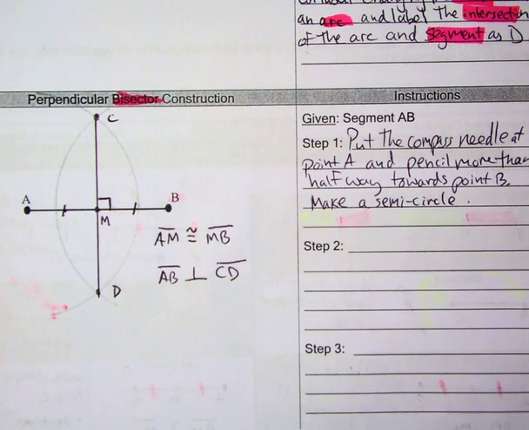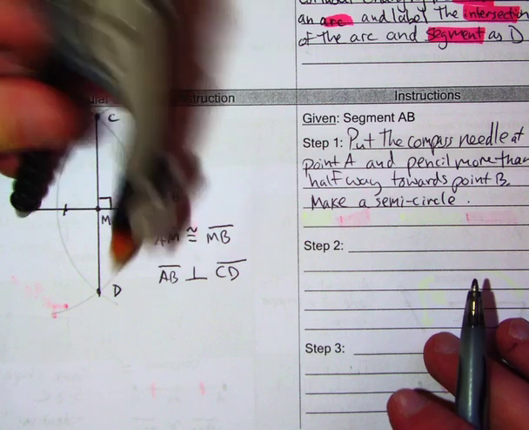So that's what we did right here. Opened up more than halfway, and you made that semicircle, first one.